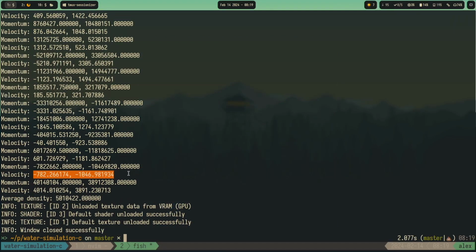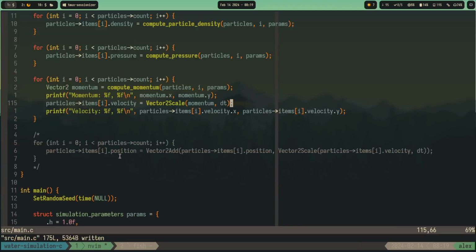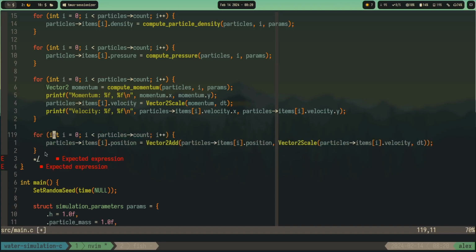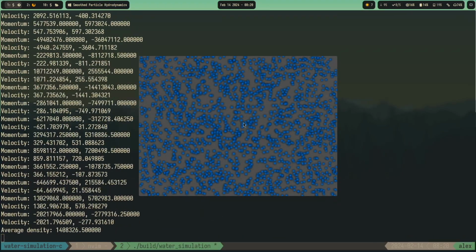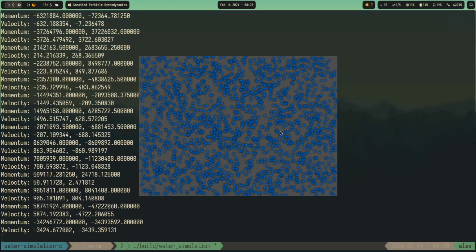I mean, it looks a bit better, but yeah, I think it should be just... Wait, I'm not sure. This makes me question myself. Because if we have the acceleration, we need to update the velocity. Let's try to do that. See, now it changes and it's a bit better.